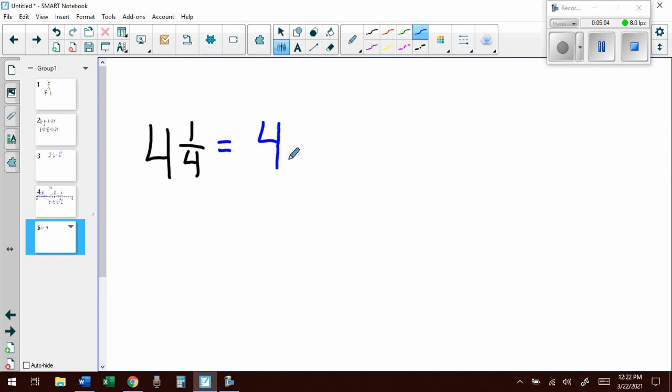And what is a fraction that is equivalent to 1 whole here? 4/4. So in reality, we have 4/4 4 times, plus an extra 1/4.